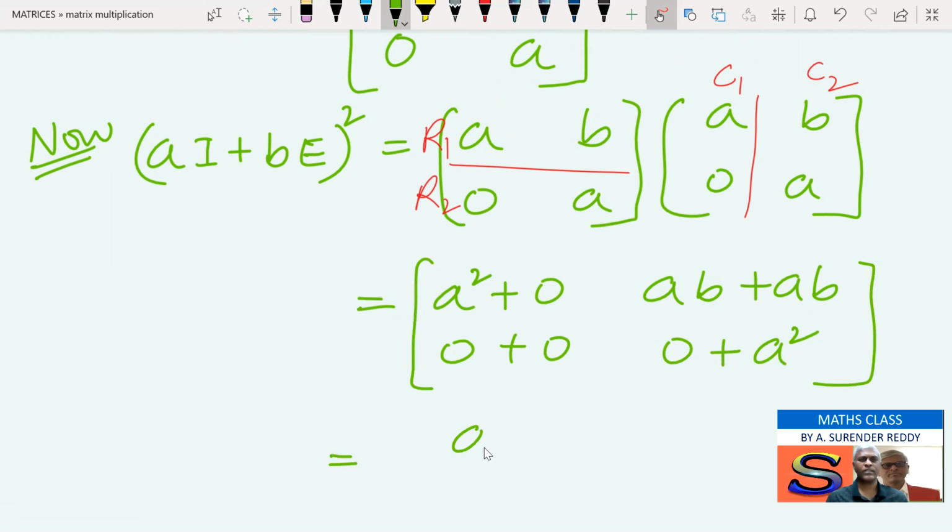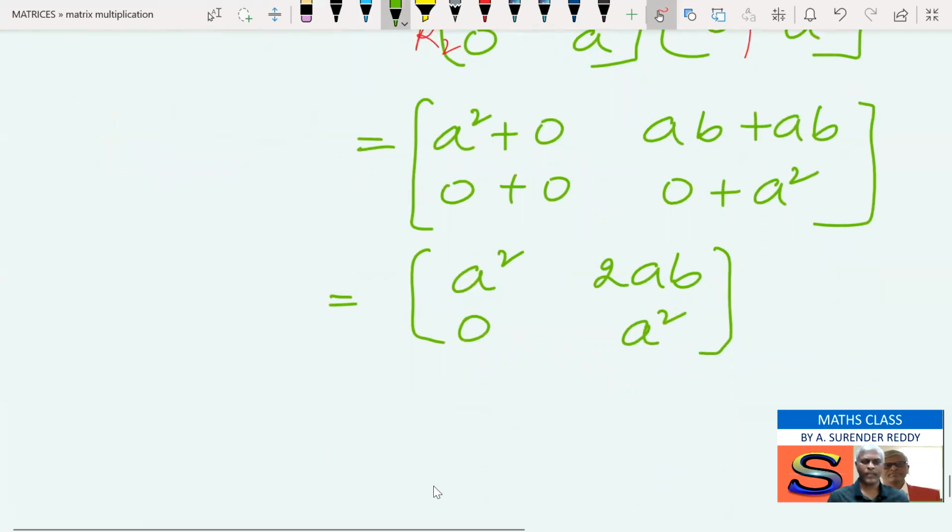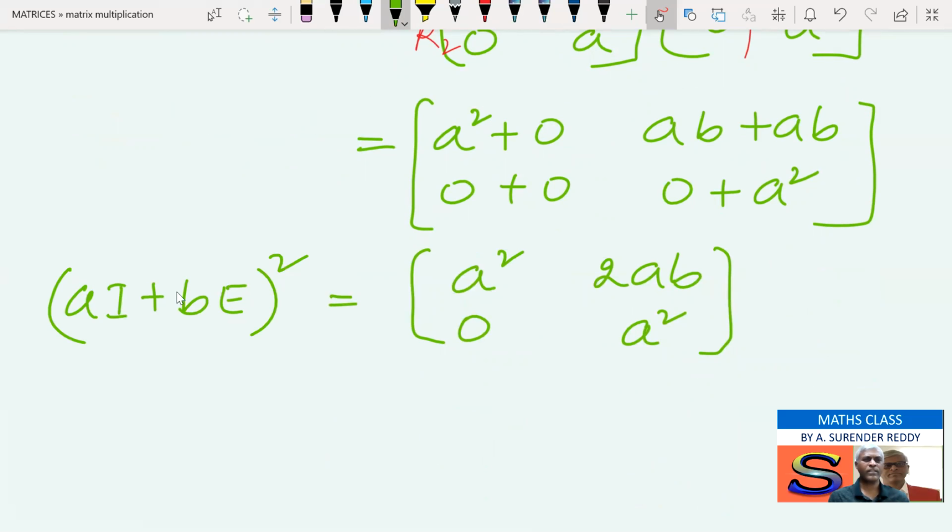So this is a square, 2ab, 0, and a square, just like A square is A into A.